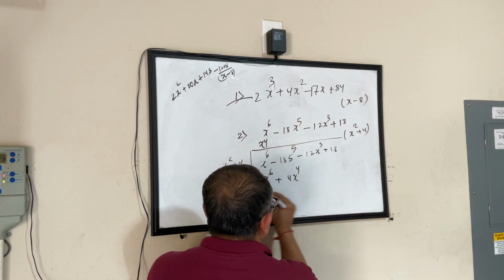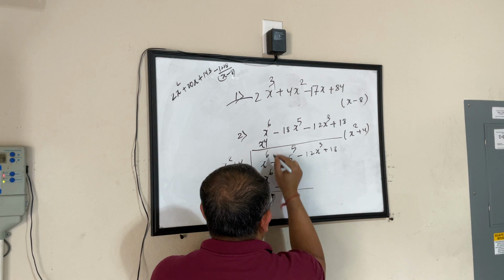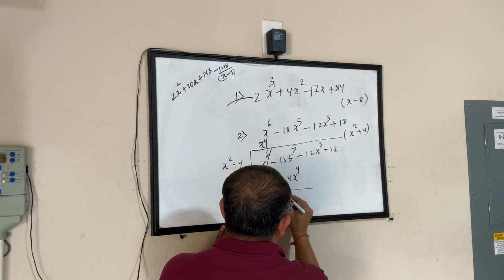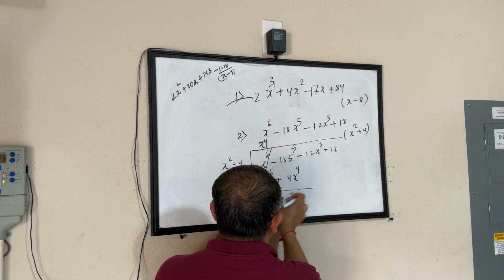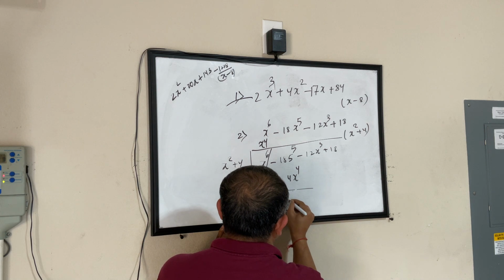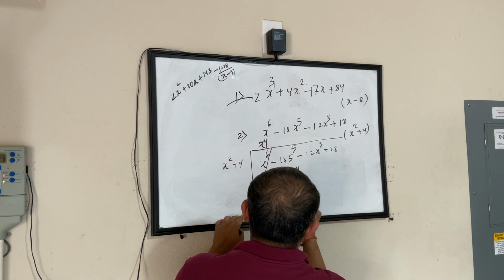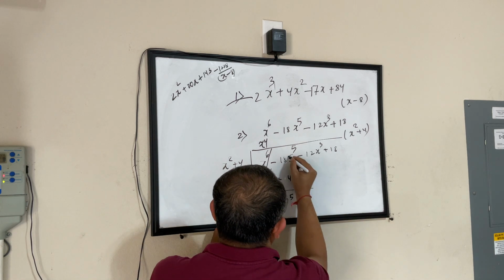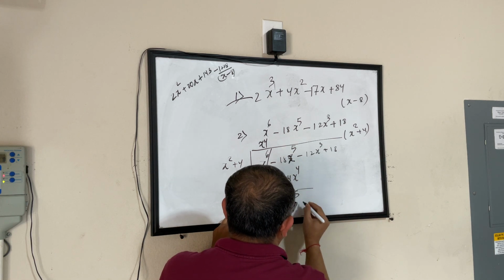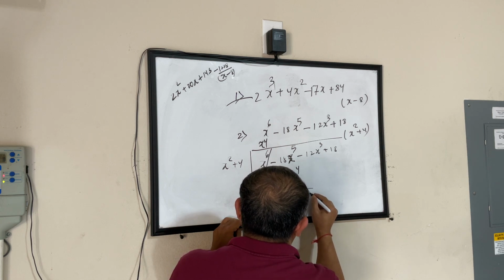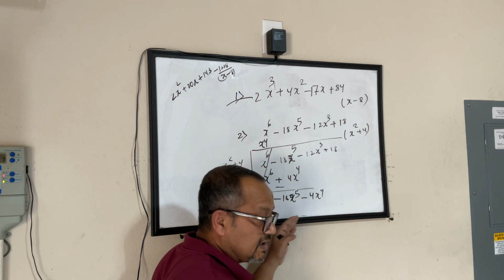These two are gone. This becomes minus 18x to the power 5 minus 4x to the 4th. Same thing you will do.